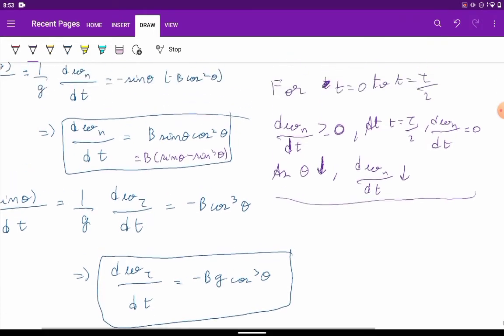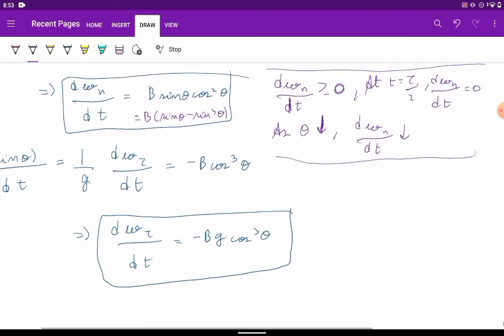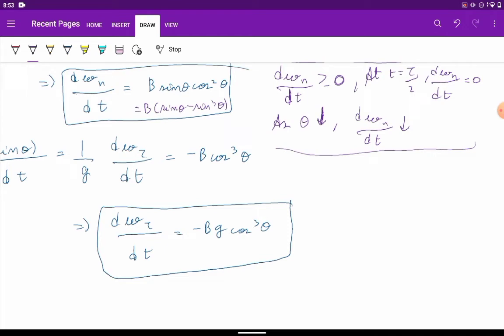Now over here, what is the situation? Again, for t equal to 0 to t equal to tau by 2, what happens? dw tau by dt, see over here, it's minus bg cos cube theta. At t equal to 0 it is minus bg cos cube alpha, right?